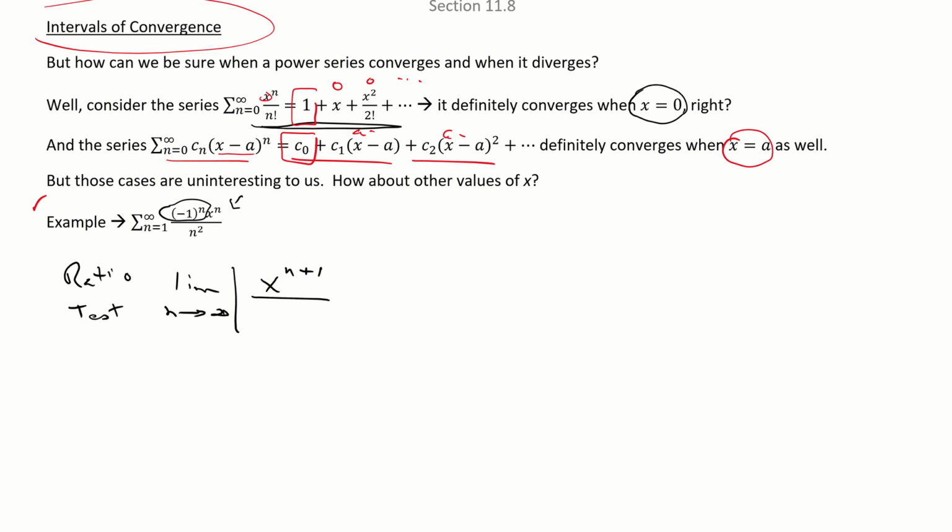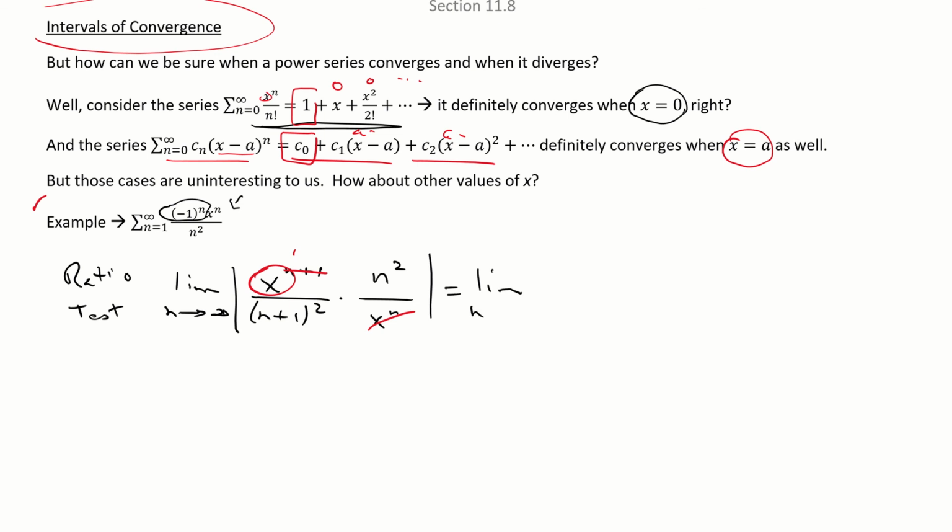Remember, it's the n plus first term over the nth term, which lately, hopefully in your homework, you're inverting and multiplying to speed yourself along. This is what I get for my first step. I've done the ratio test quite a bit, you would imagine, right? But the best part is canceling stuff. Right here, this x to the n cancels with all of them except 1 power of x. And that's the only cancellation I see.